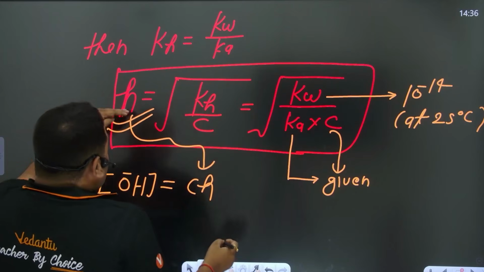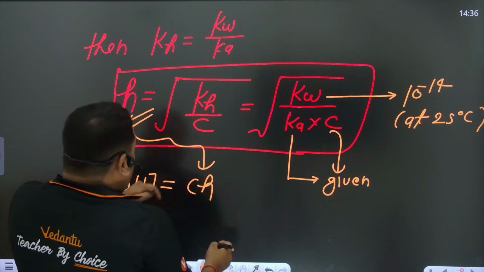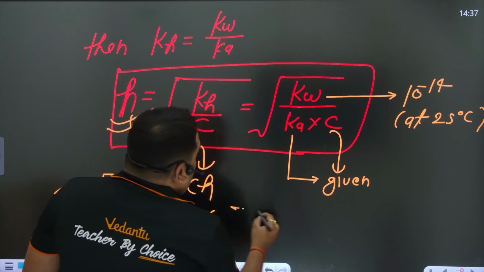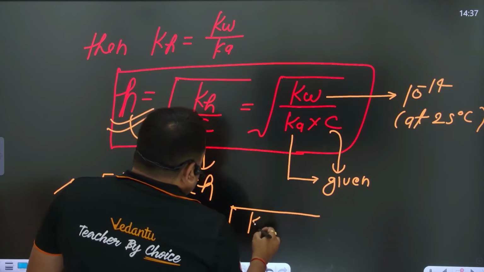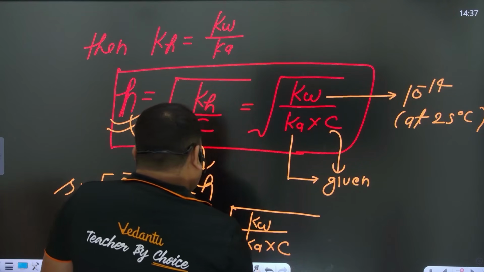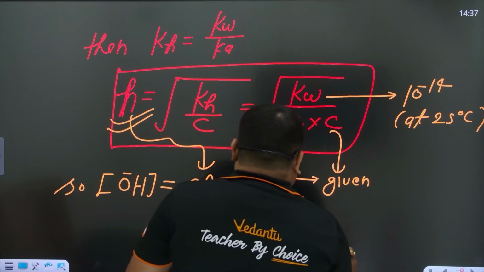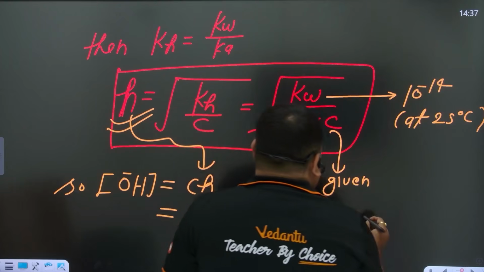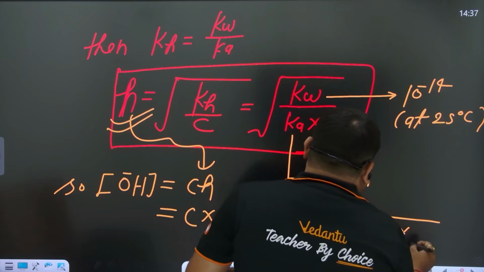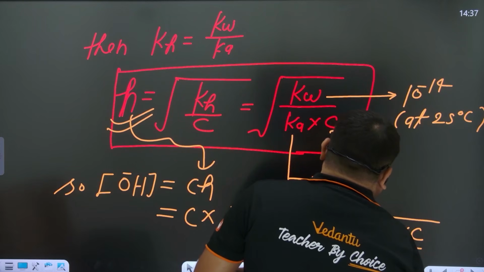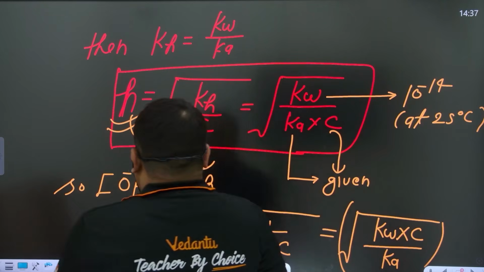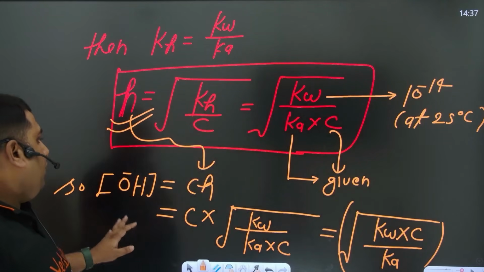So if you put this value, then you get C into under root of Kw by Ka into C. If you take this C inside, then you get Kw into C by Ka. So this is the concentration of OH minus ion.